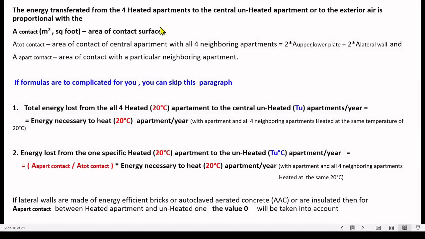Here are some explanations. The energy transfer from four heated apartments to a central unheated apartment or to exterior air is proportional to the area of contact.